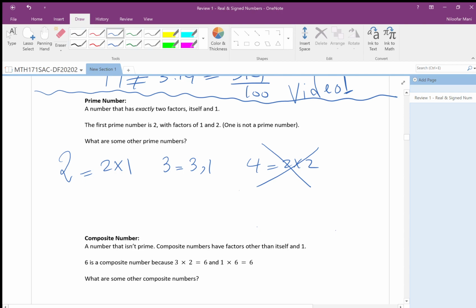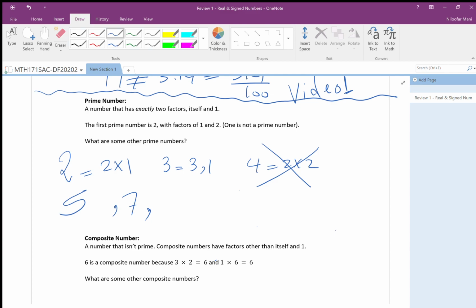Okay, so 5 is a prime number, 6 is not because it's 2 multiplied by 3, 7 is a prime number, 8 is not because it's 2 times 4, and 1 times 8, and 2 times 2 times 2, so 2 to the power 3 is 8.